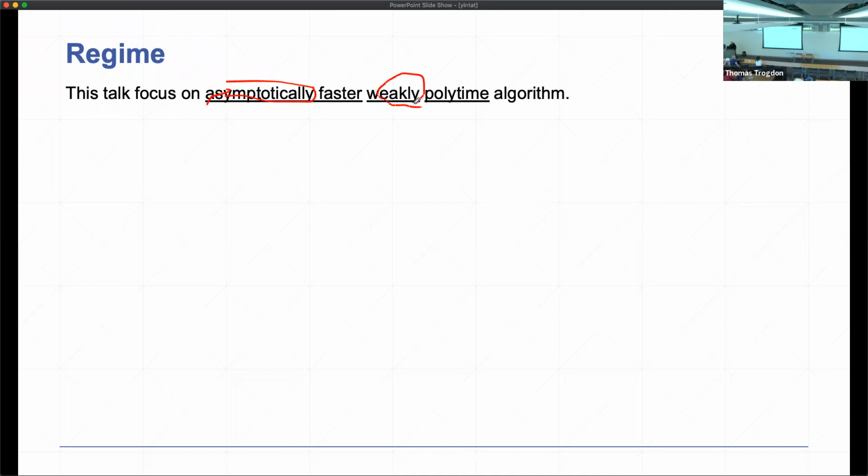In TCS, weakly means the convergence rate is log 1 over epsilon, and polynomial time means your running time cannot depend on something like the condition number. We want the running time always polynomial as long as the input is polynomial size. So this restricts what kind of algorithm you can use, and yet we will show randomization is useful even for those strict requirements.